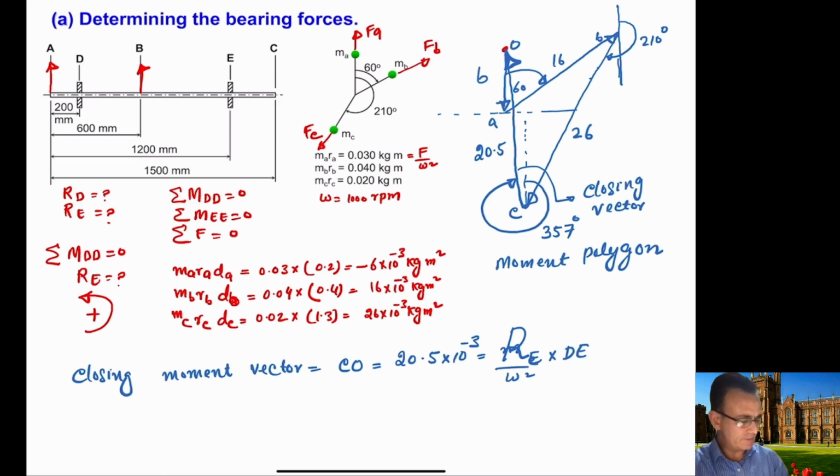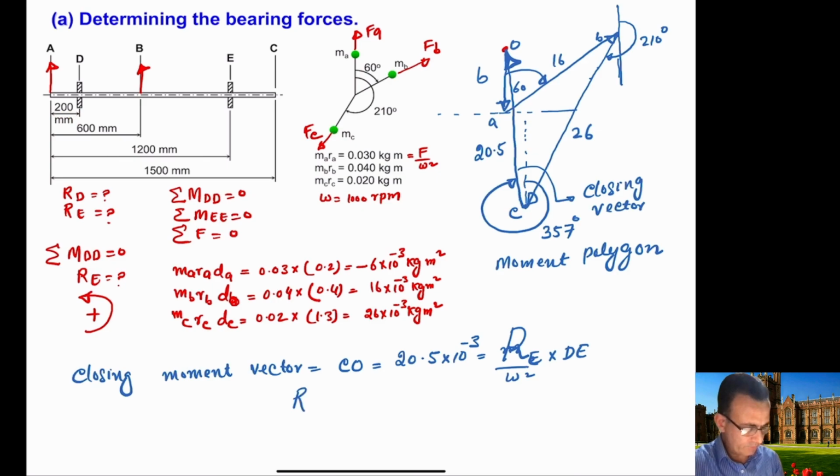This means that this 20.5 is equal to the reaction force divided by omega square, because we know that this MARA is force divided by omega square, and then dA is equal to this dE in this case. This is the reaction force times the distance, divided by omega square, equal to this 20.5. So from here you can calculate, because dE is the distance from D to E, which is 1200, and then you can subtract this 200 here.